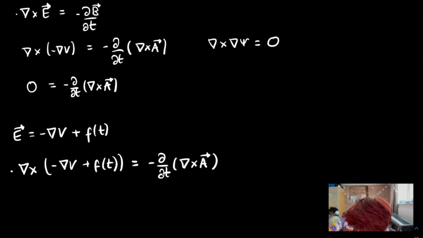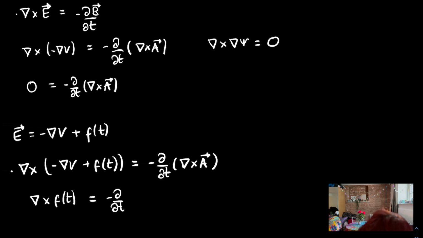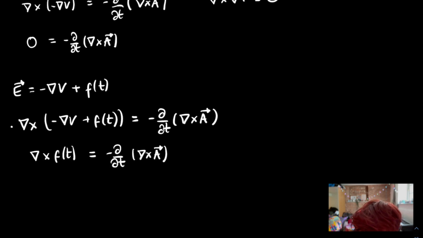So expanding the left-hand side, this first term is going to be 0 because curl of gradient of any function is 0, which is what was giving us the problem. But when we expand out the second term, we get the curl of this function f is equal to minus d by dt of curl A. And we can simply switch around curl and the time derivative, because curl is a spatial derivative and this is a time derivative, so they are independent things.